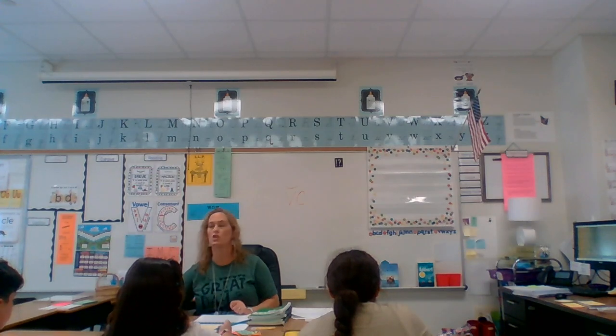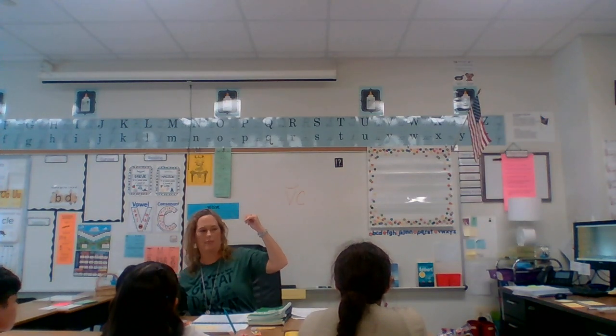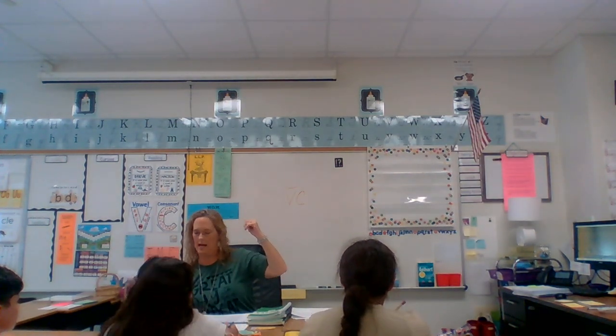Ready? What's the word? Depth. How deep or shallow something is. Remember when Miss Herring was in here and we talked about depth, of how shallow a stream could be, but how deep the ocean is, it has a lot of depth.